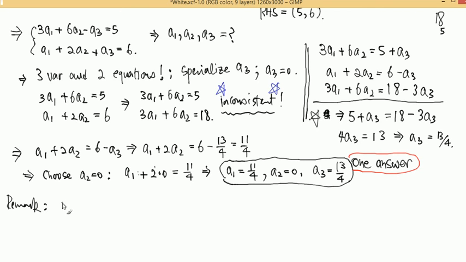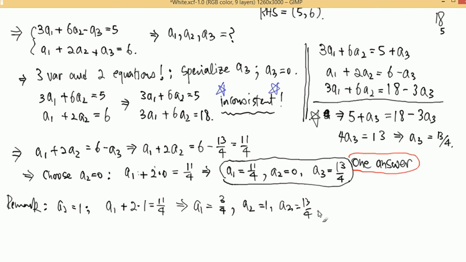So here, if I choose A2 equals 1, then you get this equation: A1 plus 2 times 1 equals 11 over 4. So that's A1. If you subtract 2 from 11 over 4, that's 8 over 4 minus 2... I think it's 3 over 4. So A1 is 3 over 4, A2 being 1, A3 being 13 over 4.